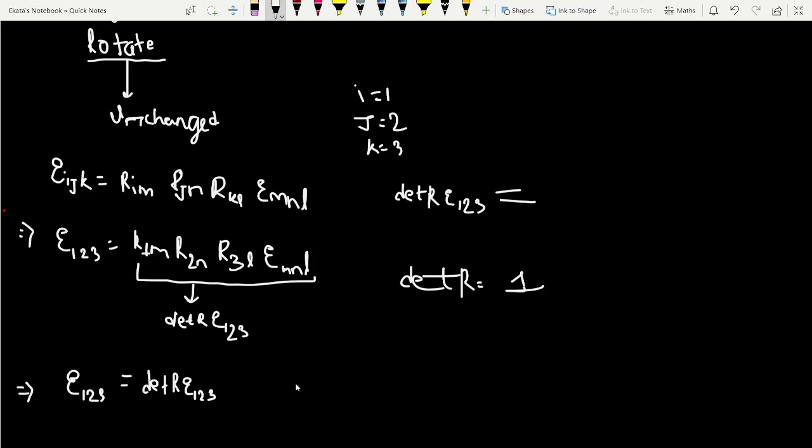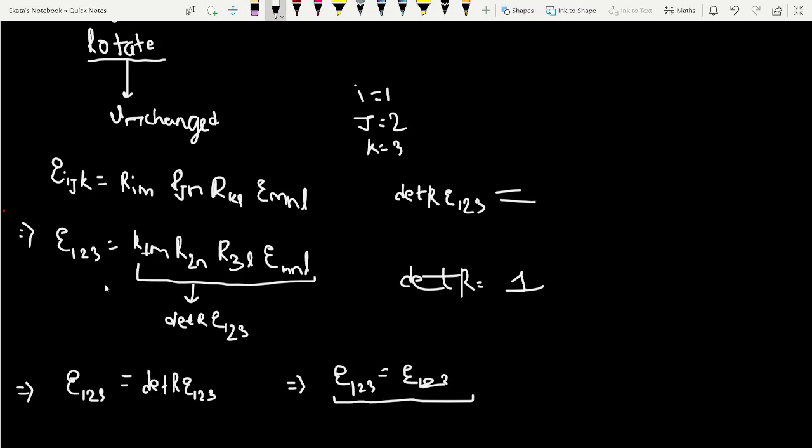So the determinant of the rotational matrix equals 1, and now we get that epsilon 1, 2, 3 equals epsilon naught 1, 2, 3. It means it remains unchanged when we rotate this Levi-Civita. So this is a very basic proof for rotating the Levi-Civita.